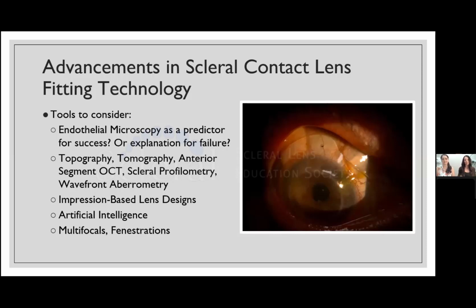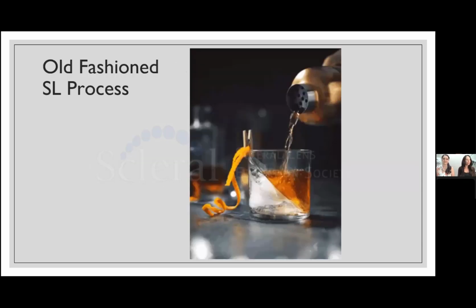Some things that we do today in 2022, not just eye related, but in all parts of our lives, have artificial intelligence certainly involved. We know this, and it's something that we will see more and more of. So we're going to touch on that briefly as well. Other advancements that are available, including things like multifocals and fenestrations, are things that we're going to go through as well in this presentation.